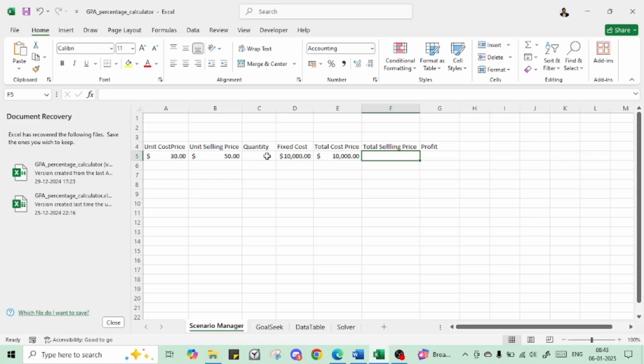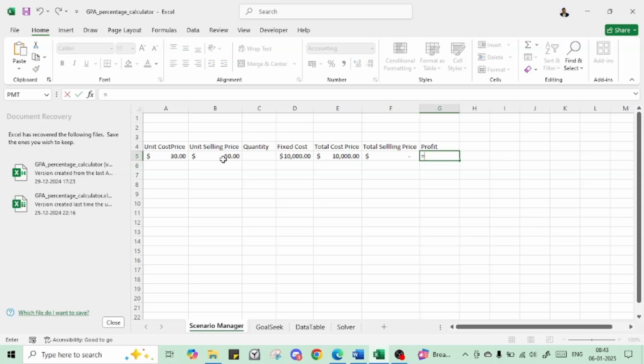Total selling price is equal to quantity into unit selling price. And profit is total selling price minus total cost price.